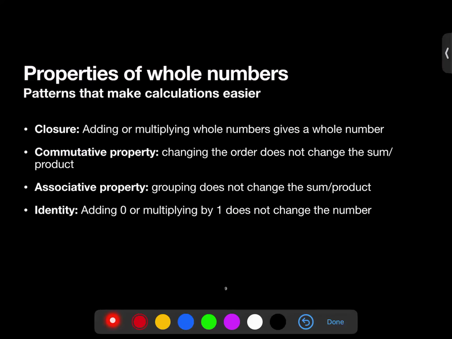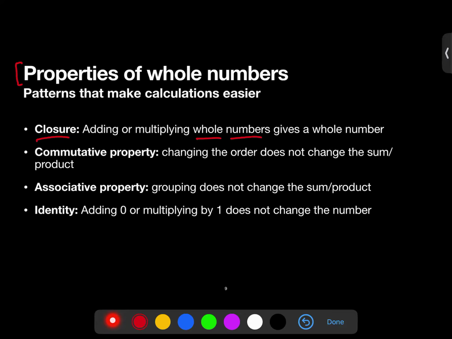So again, remember, these are the properties of whole numbers that we learned. And remember, I asked a question to you all on if someone could give me an example of one of these properties. So remember, the closure property is when we add or multiply two whole numbers, the result will also be a whole number.